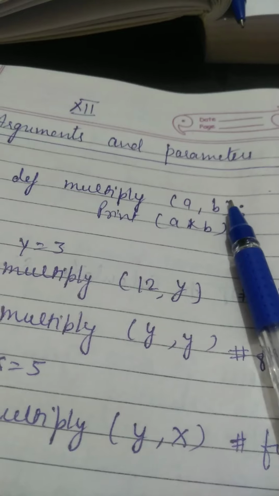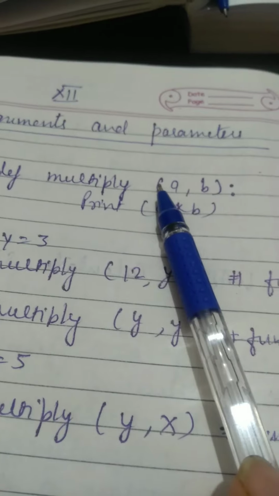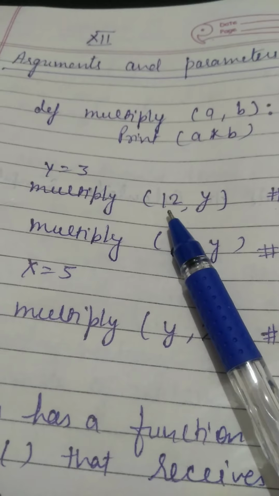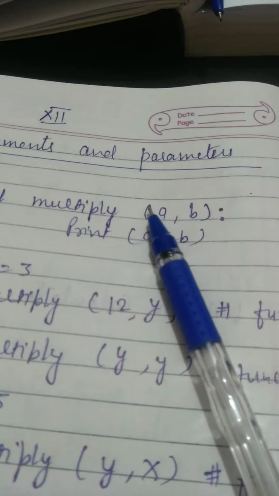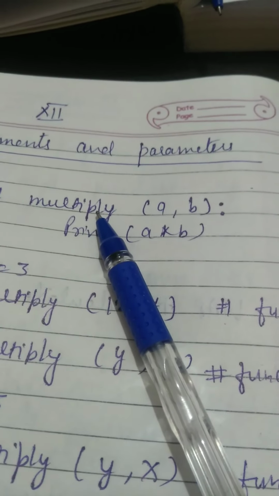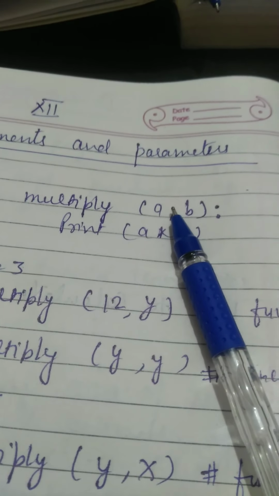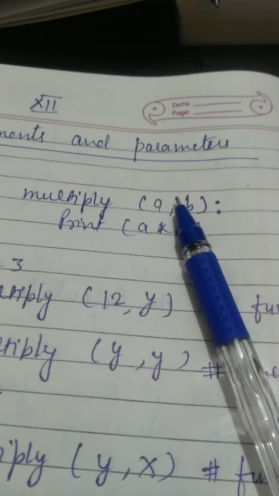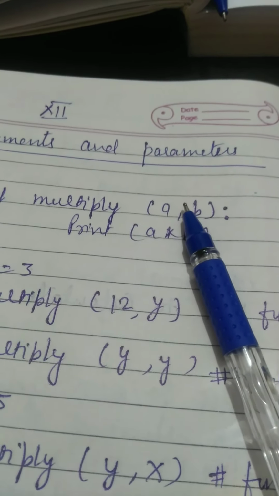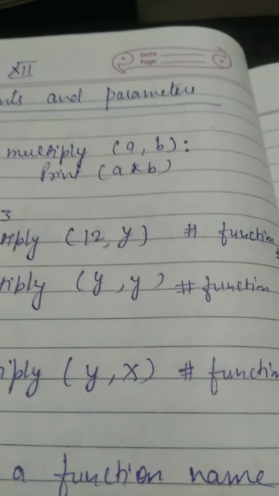So if anybody says any of these words, you should not be confused. Where we are calling the function, we say arguments, actual arguments or actual parameters. And in the function header, the a and b that receive the values are known as formal parameters or formal arguments. Please remember these terms.